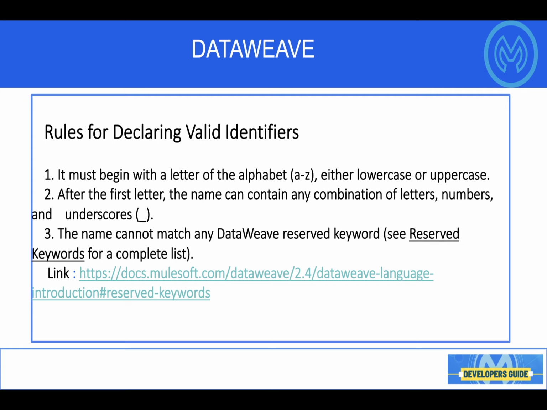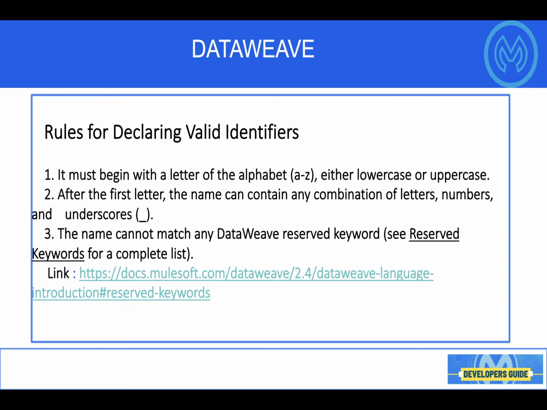Second, among special characters you can use only underscore. You can use numbers, and you can use letters. Letters should be A to Z, capital and small, numbers 0 to 9, and then underscore.